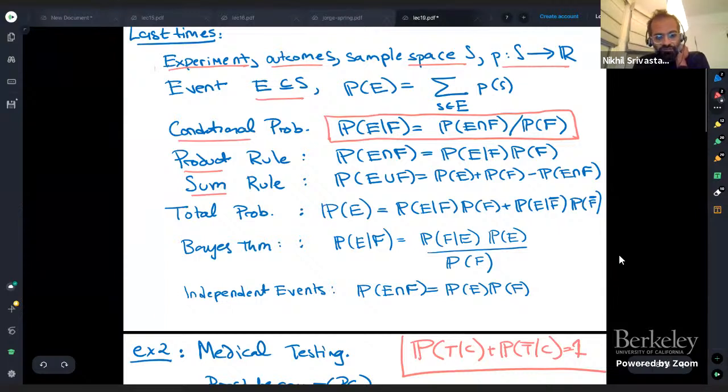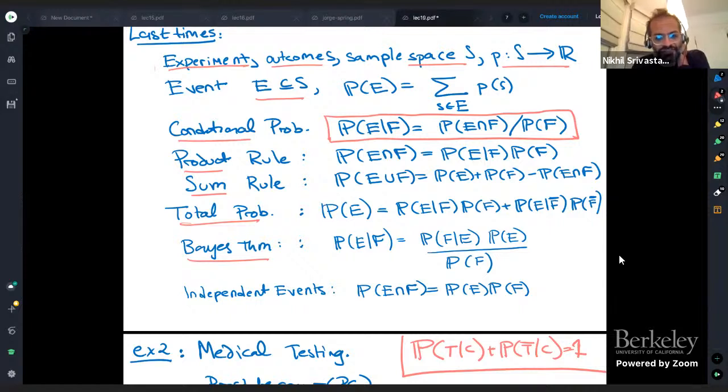Then I mentioned the law of total probability, which is just a combination of the sum rule and the definition of conditional probability. We used this yesterday in our example about medical testing. Then there's the very important Bayes' theorem, which is an immediate consequence of the product rule.